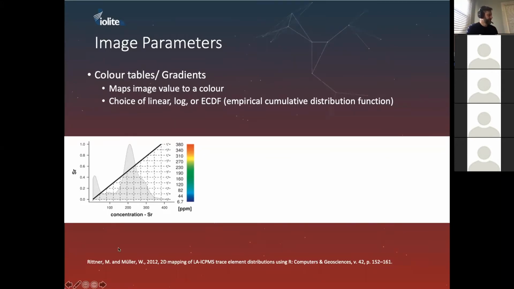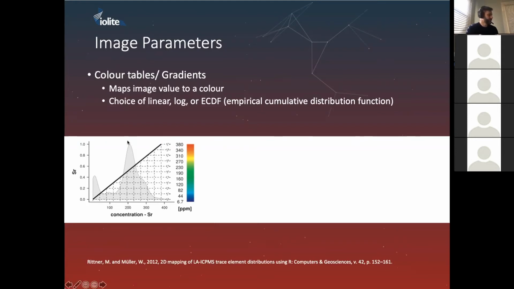So this is an image from Rittner and Muller from 2012 that demonstrates this principle quite well. If you're looking at their strontium image, it's got a histogram of the pixels for the different values. So we have some background pixels which are down around 0, maybe 0 to 25-ish.